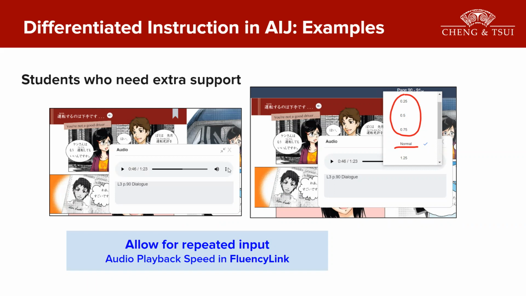You can click on those 3 dots, and it will allow you to select the playback speed. Different playback speeds are available. You can choose slower speed or faster speed as needed. The audio playback speed options are included in the Fluency Link Students Edition and Teachers Edition.